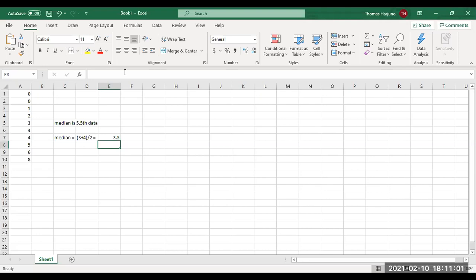If the median is between two numbers, like in this case, you need to show this procedure. You have to show that it is between 3 and 4, so 3 plus 4 divided by 2.